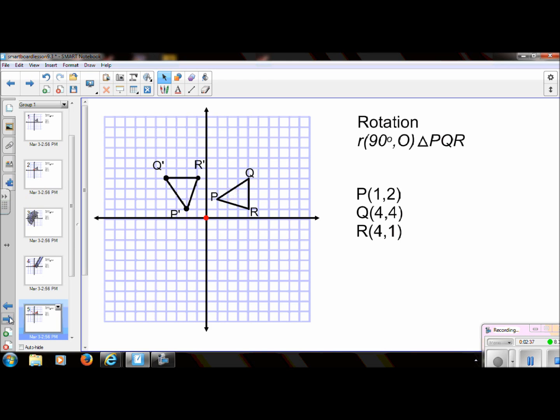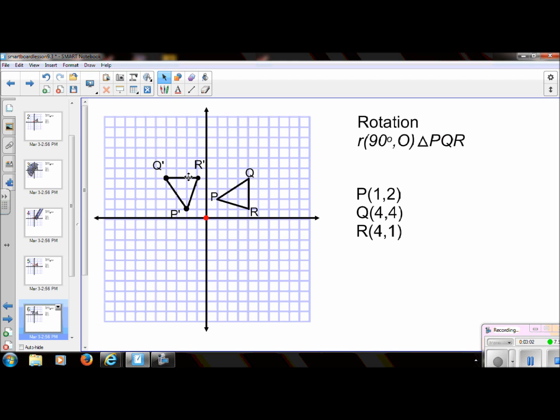And then, again, you get the picture, so I didn't do R. If I measured from R to the origin, and R to the origin, and then I would again use my protractor to make sure it was 90 degrees, that would give me R prime. And then the last step would be to connect all three of these points to get my new triangle.